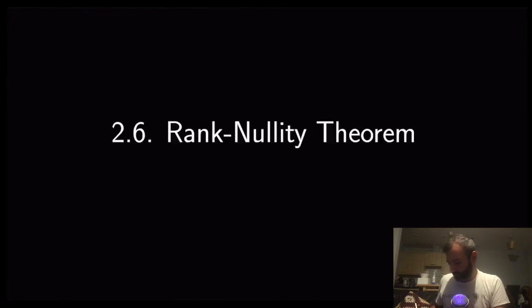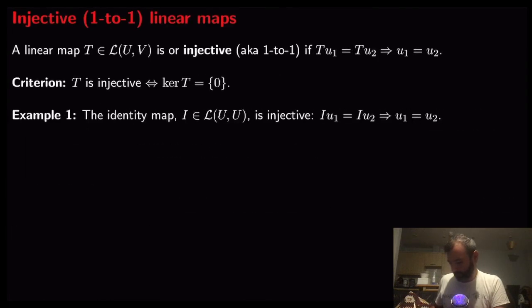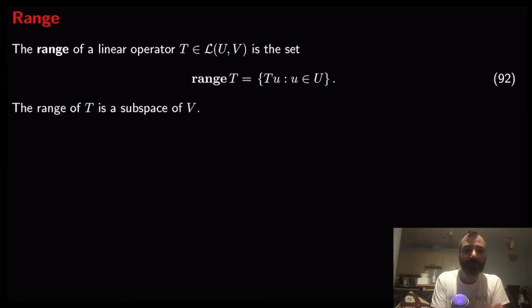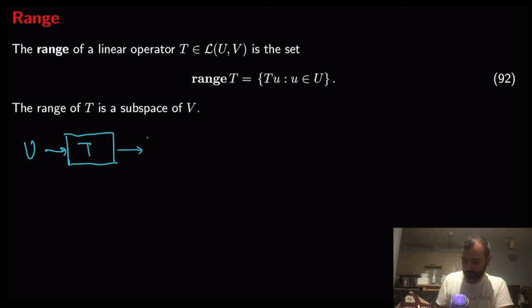And let me check something. Range. Yes. Here we are. Range. We have defined the kernel. Now it is time to define the range of T. So T is an operator that takes me from U to V. The range is the set of all possible things that my T can output, the set of all possible results.